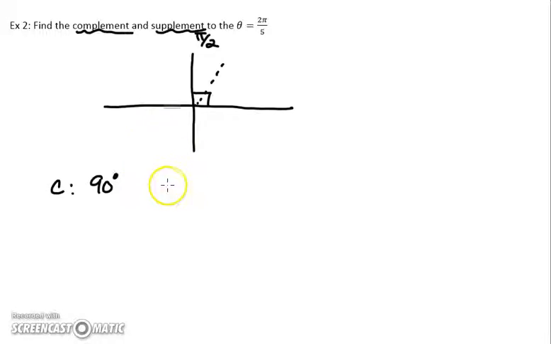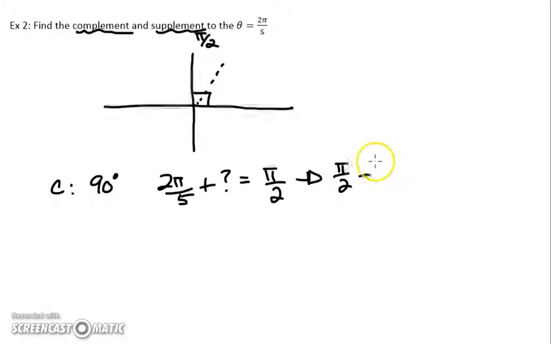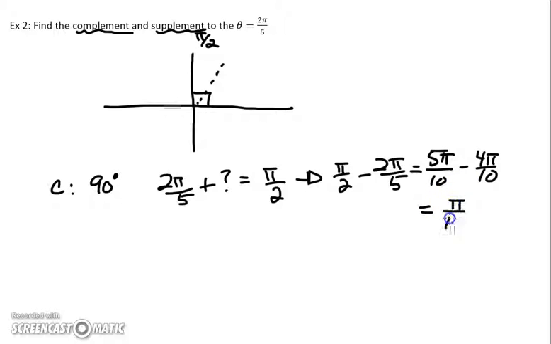So for the complement, we need 2 pi over 5 plus what angle equals pi over 2. That's pi over 2 minus 2 pi over 5, which is 5 pi over 10 minus 4 pi over 10 with common denominators. So the complement is just pi over 10.